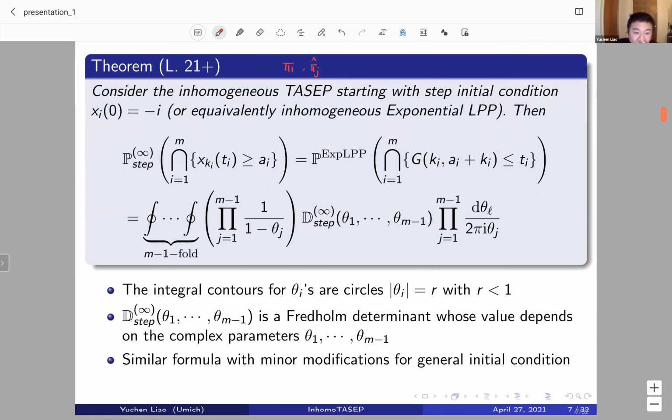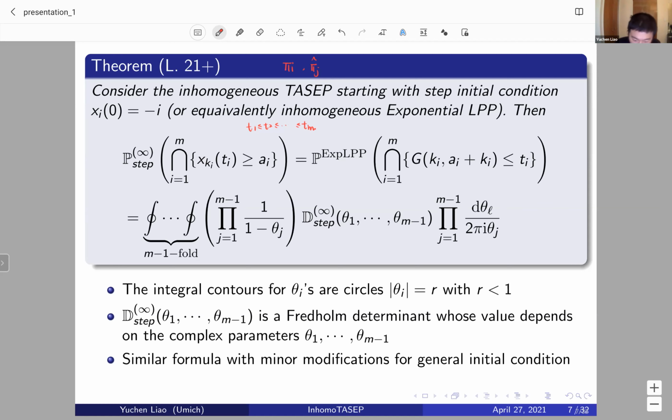So then this space-time joint distribution. Here I'm assuming T1 is less than or equal to T2, less than or equal to Tn. I'm fixing M arbitrary space-time points. Here they can be equal. When you take limits, you need to assume they are strictly ordered. Otherwise, the kernel diverges.